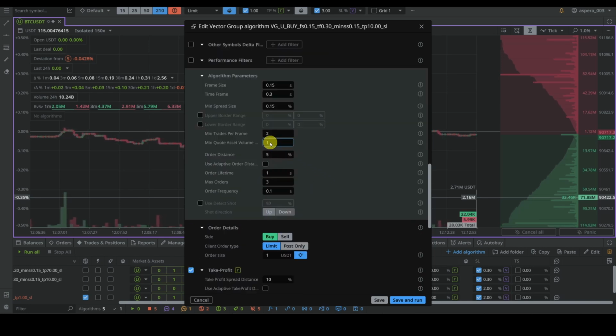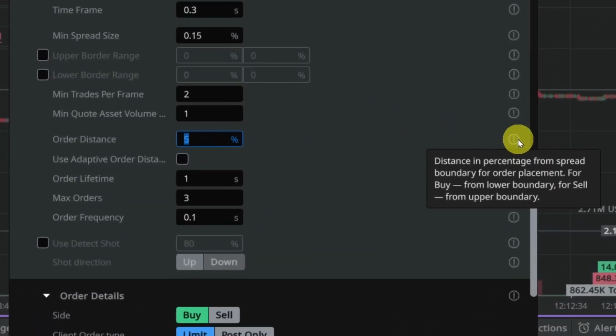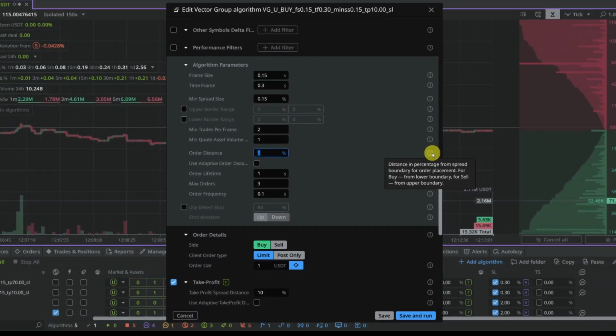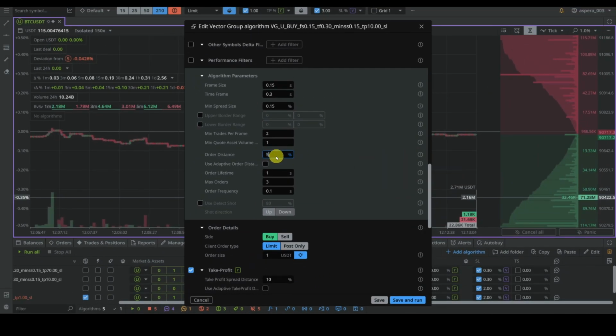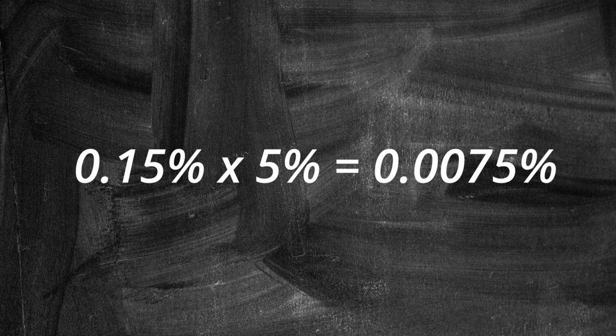The setting says 5%, but here's the catch. This is not 5% of the price, but 5% of the spread size. So, it being 0.15% of the price, take another 5% of that, and you get 0.0075% of the price.